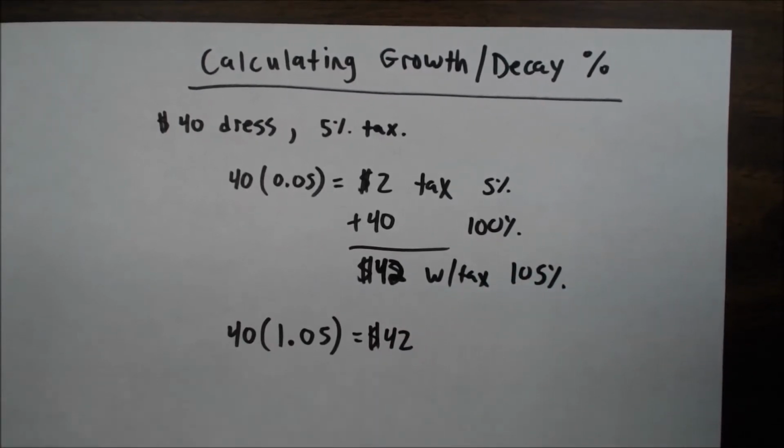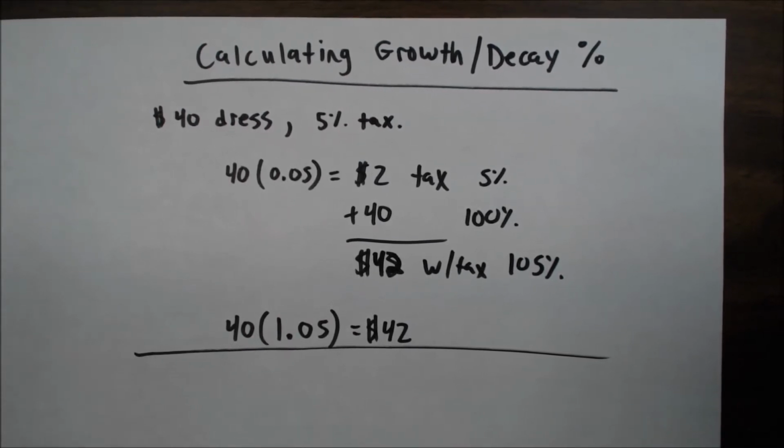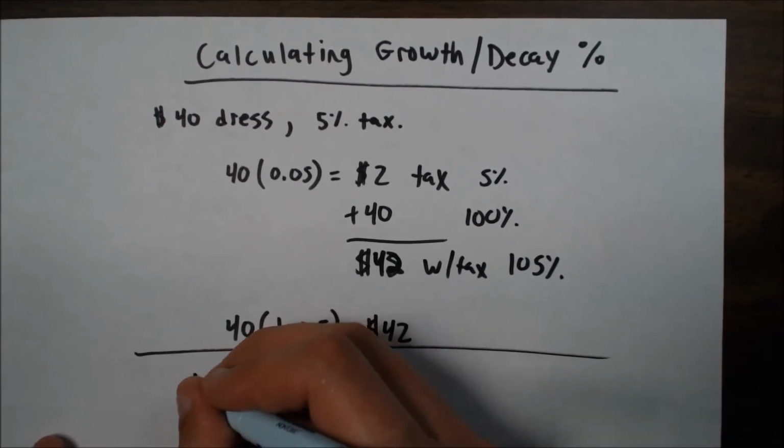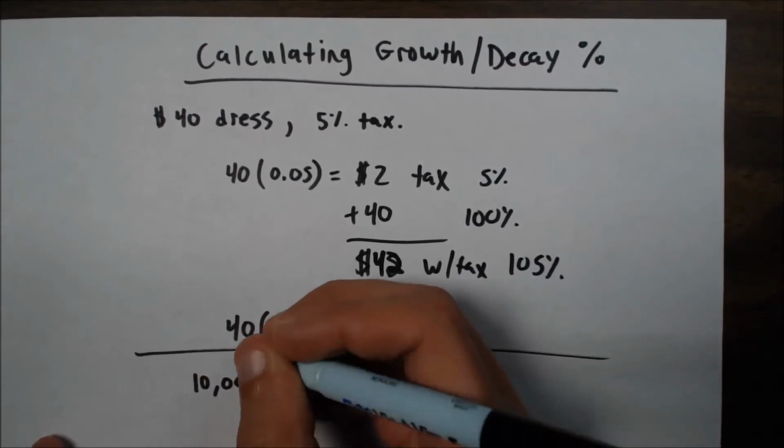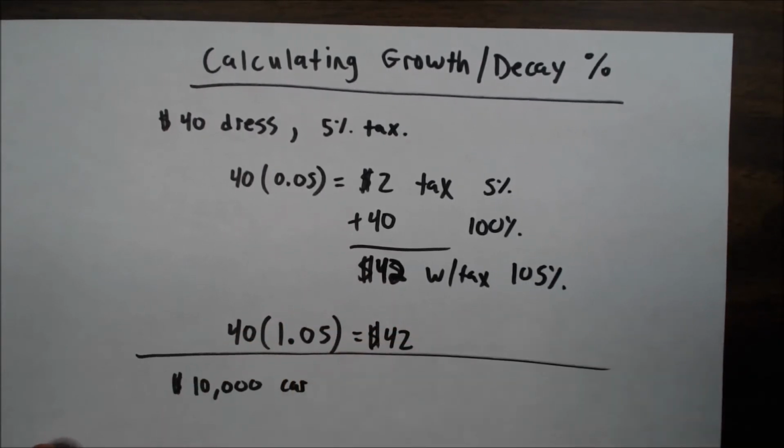Okay? There's a lot of examples of this, and sometimes the tax case, sometimes people are more understanding, but when we get into increases and decreases, for some reason people seem to have a hard time understanding it. So let's take this in a little bit different direction. So if I say I own a car that's worth $10,000, okay, and this car, let's say it loses 20% of its value.